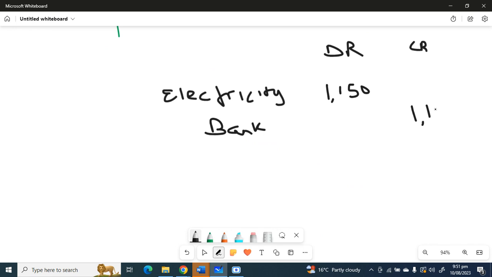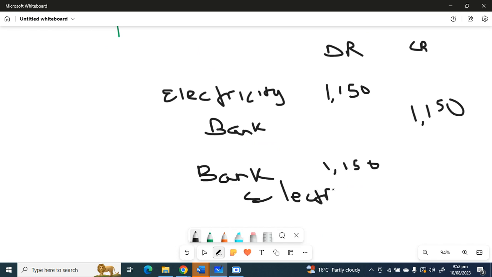Now what happens? These entries were reversed. So it was bank 1,150 and electricity 1,150. So this was reversed. To correct this error, we just reverse it again.